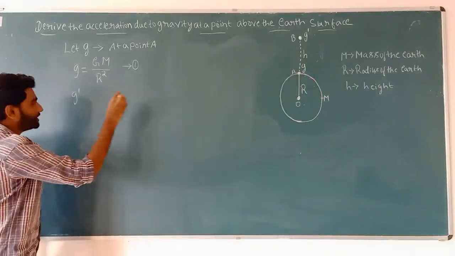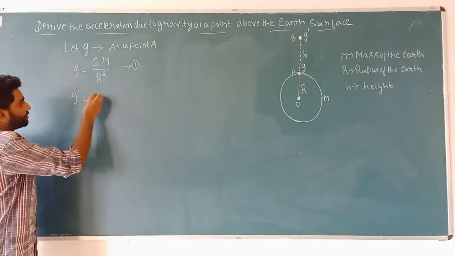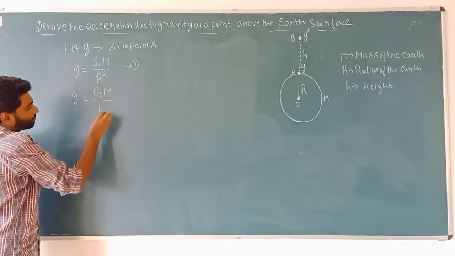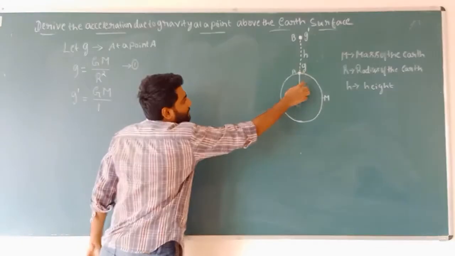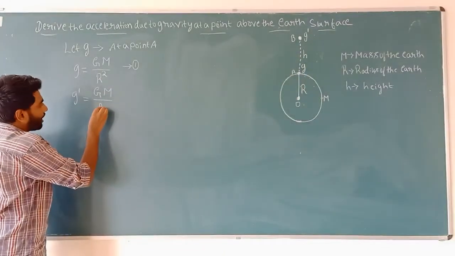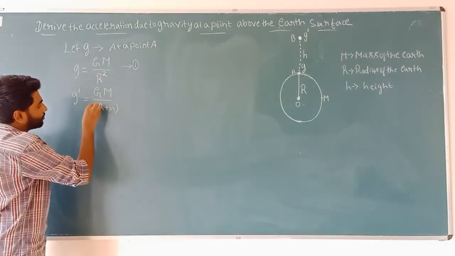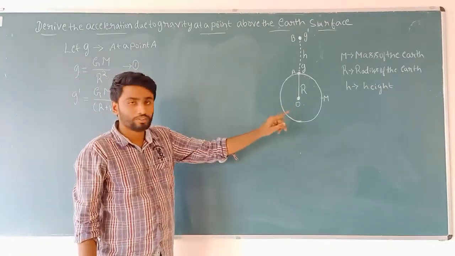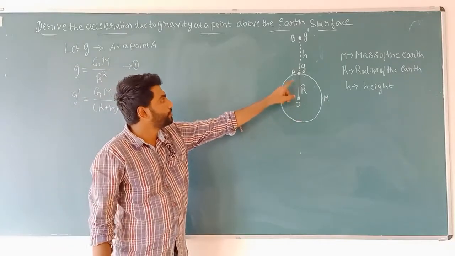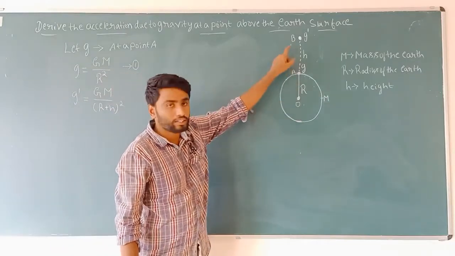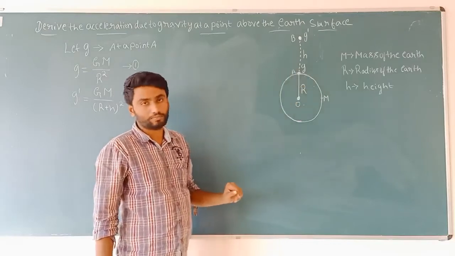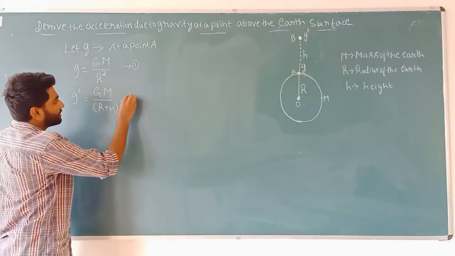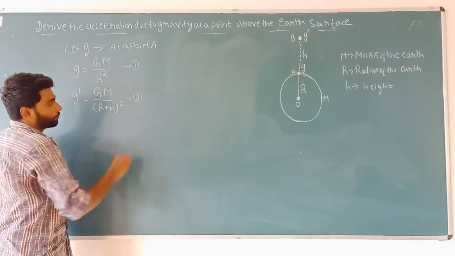So g dash equals G m by r plus h whole square, since the total distance from O to B is r plus h. So consider this as equation 2.